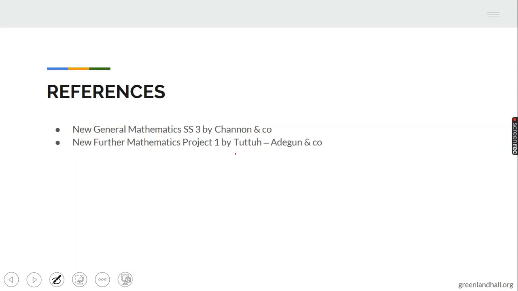And the textbooks I've used, the references, are New General Mathematics SS3 by Shalom and Co., while the second one is New Further Mathematics Project 1 by Tuttuh Adeogun and Co.